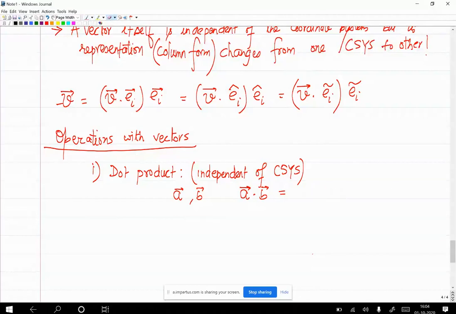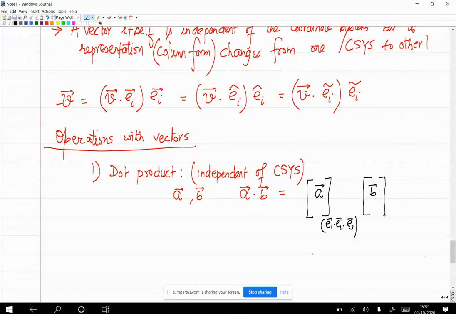So A dot B means you represent this vector A in some coordinate system, let us say E1, E2, E3, and also represent the vector B in the same coordinate system.